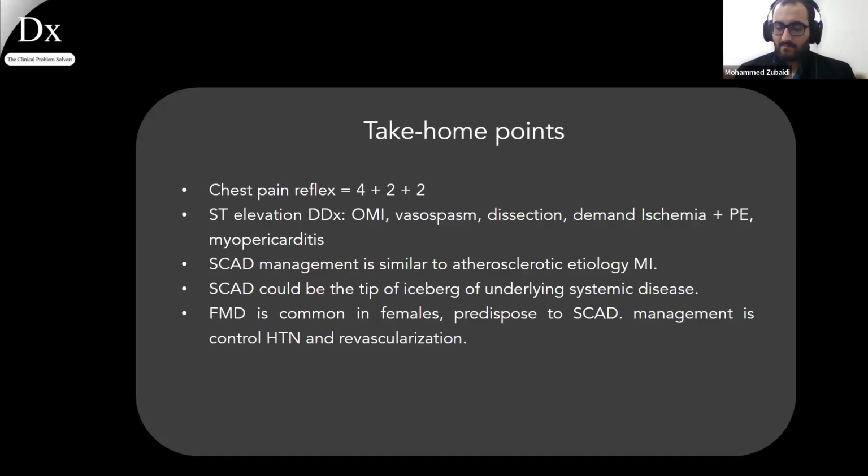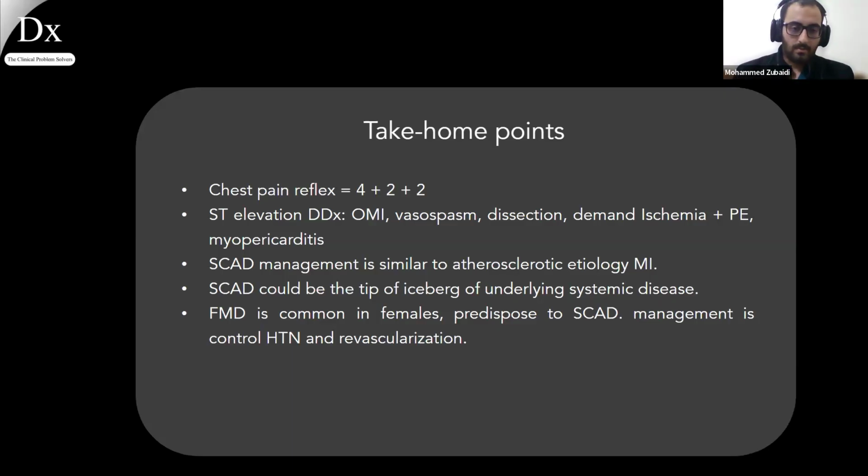So, take-home points of this case: when we have chest pain in the CPS, we think in reflex of 4+2+2, highlighting ACS, pulmonary embolism, and aortic dissection. When we see ST elevation, it could be something structural to the heart muscle, something electrical, or something like ischemia.